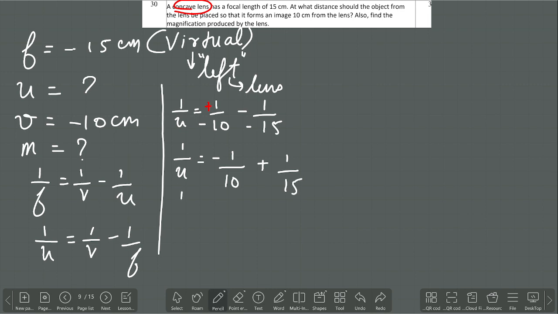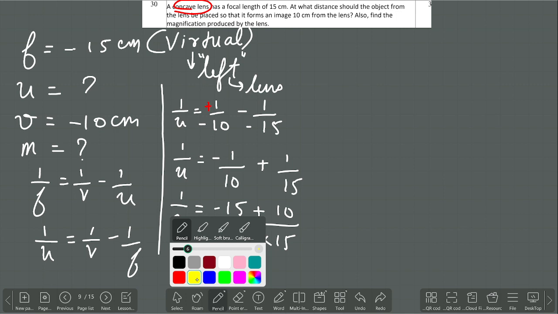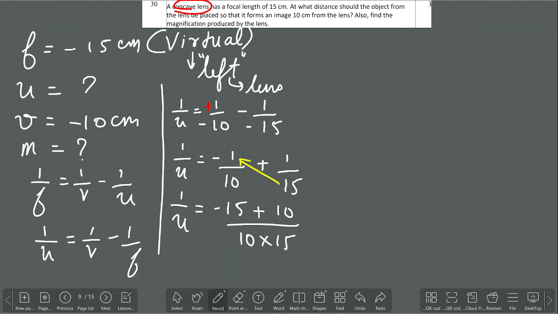Now do the cross multiplication. 1 by u is equal to 10 into minus 1 minus 15 plus 10 into 1, over 10 into 15. What we did here is multiply 15 into minus 1, 10 into 1, and we multiplied 15 into 10.